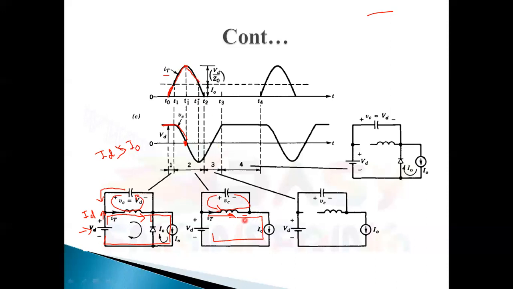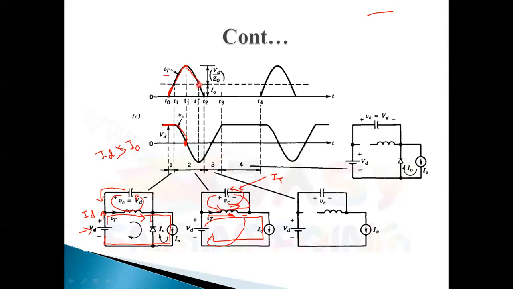Why? Because the ID current is flowing in the clockwise direction. If this capacitor is discharged, then the energy from this inductor is discharged in the same direction, which is the charging direction of this inductor. So the current flowing in this direction is IT.